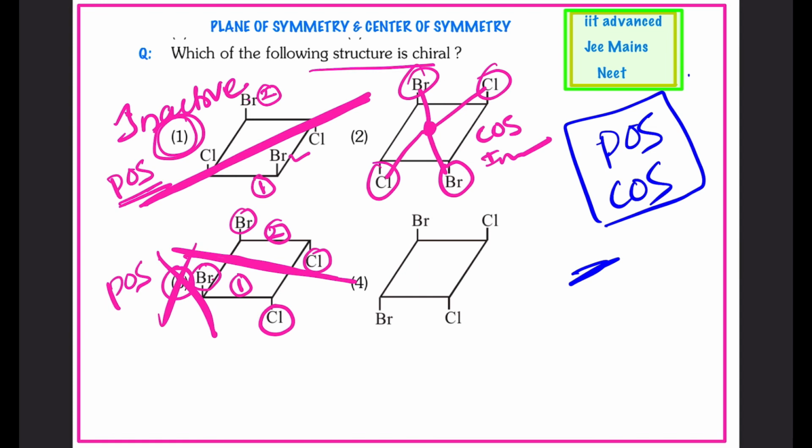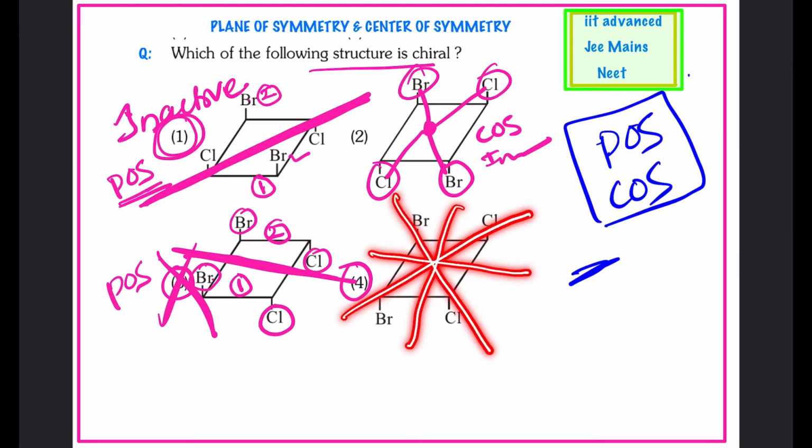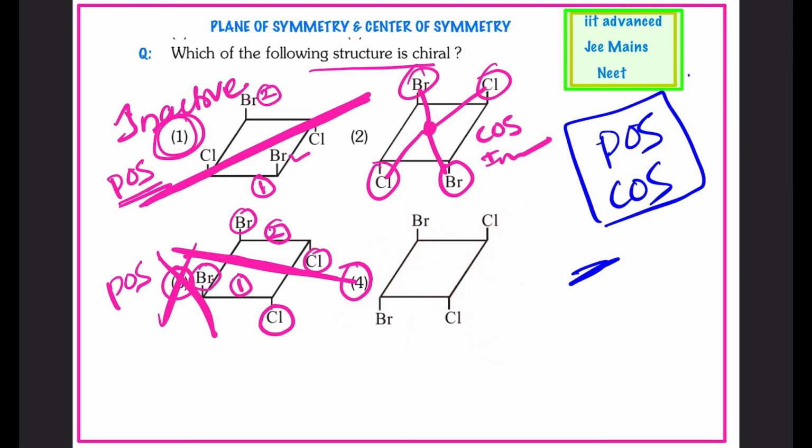But when you check option number 4, if you cut here, you don't get any plane of symmetry. If you cut here, you don't get any plane of symmetry. Try it this way also, there is no plane of symmetry. All of them are different. Let us try the center of symmetry. Here we don't have similar groups. Here also we don't have similar groups.